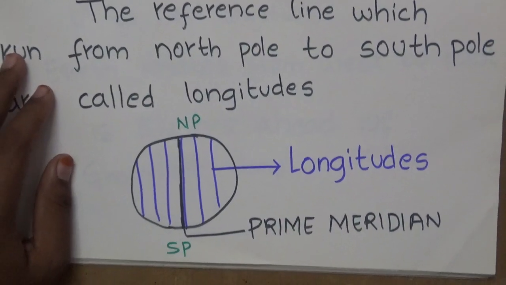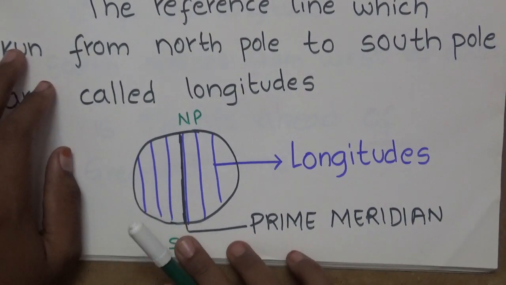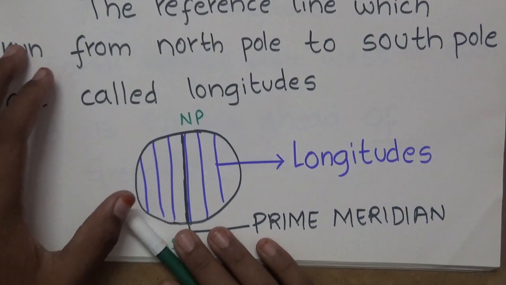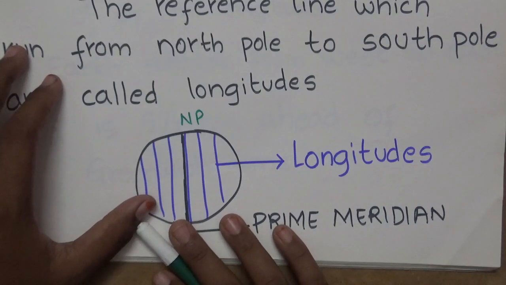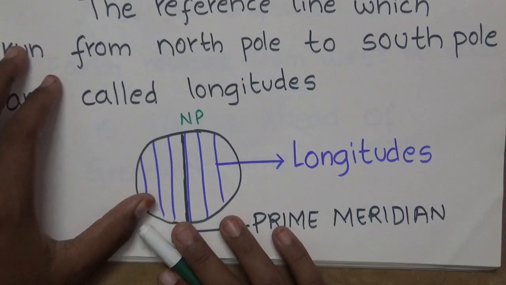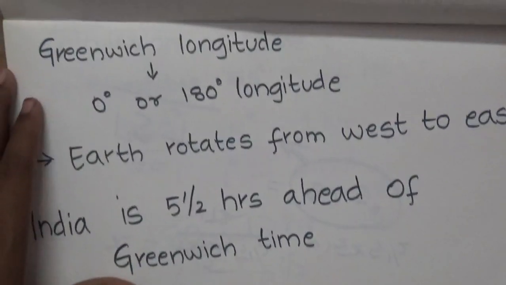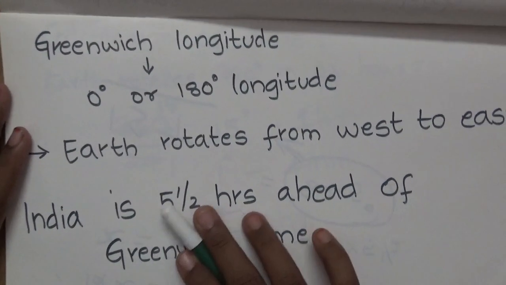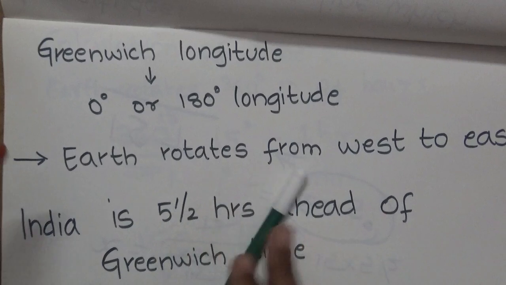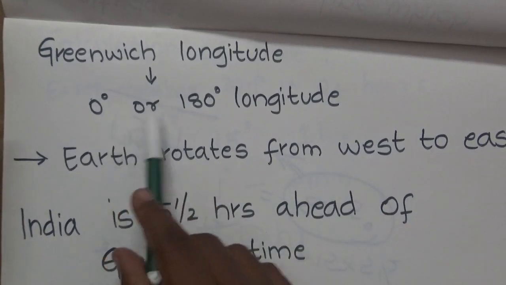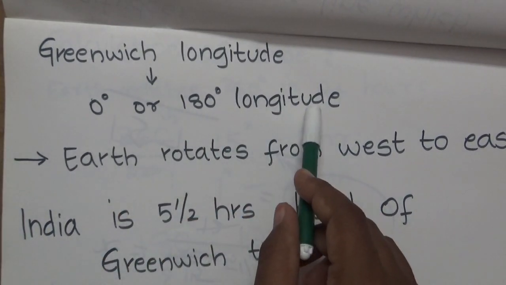But when we take this prime meridian as 0 degree longitude, if there is even day, it might be 9 p.m. or night time. So to avoid unnecessary confusion, they took Greenwich longitude as a reference longitude, and it has been taken as 0 degrees or 180 degrees longitude.